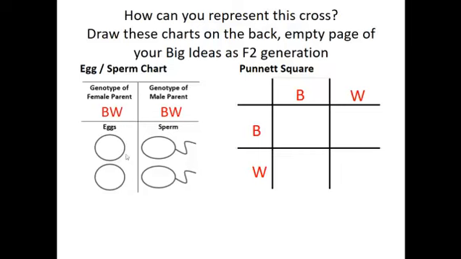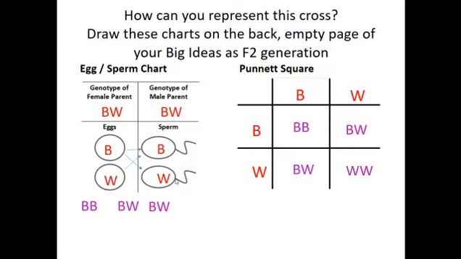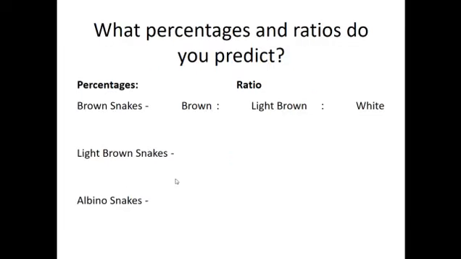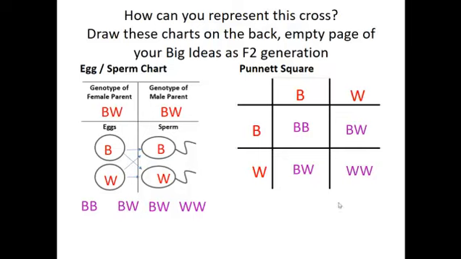All right, so if they're light brown, big B, big W, this parent can make a big B egg and a big W egg. This parent can make a big B sperm and a big W sperm. In your Punnett square, again, these are the parents. They can make big B, big B, big BW, or big W, big W. These are all the different combinations of the eggs and the sperm. What percentages and ratios can we get from this?